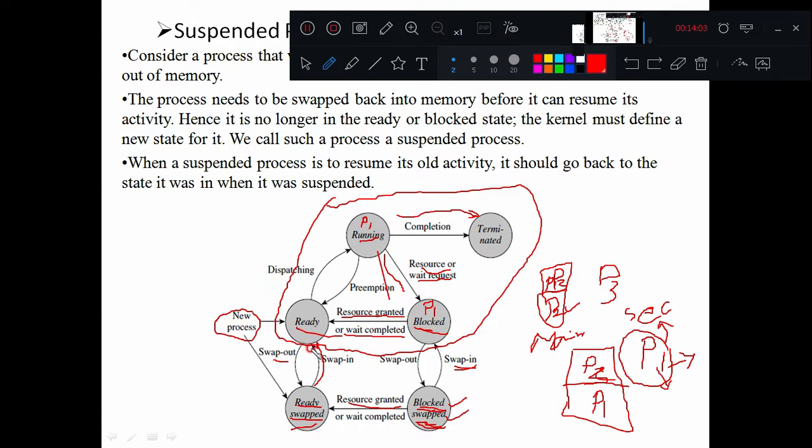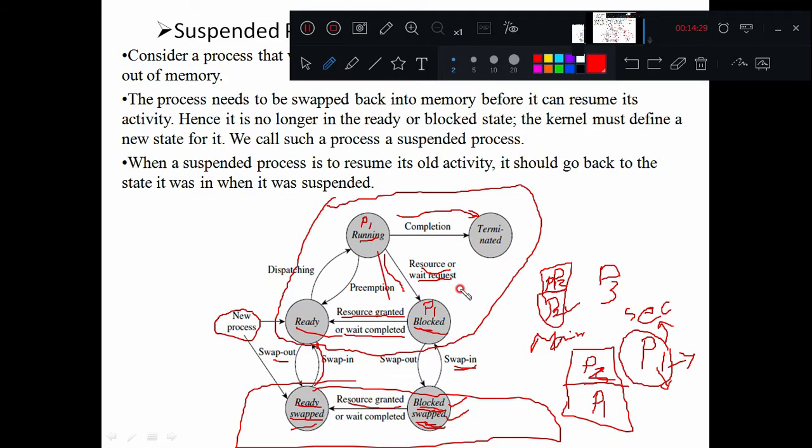So in this manner, these two states are the suspended process states. In this manner, the suspended process states are included in the normal state transition diagram. So this will be a complete state transition diagram for processes, right?